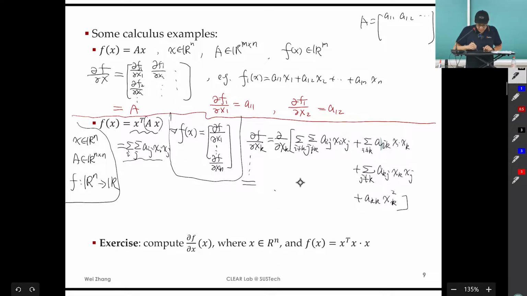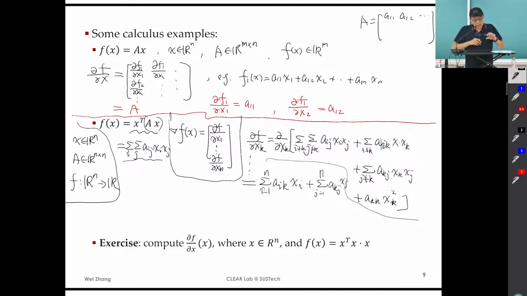Let me write it more carefully. Sorry. So let's say i from 1 to n, a i k x i. That's the first summation. That's left. Second summation is summation j from 1 to n, a kj xj.